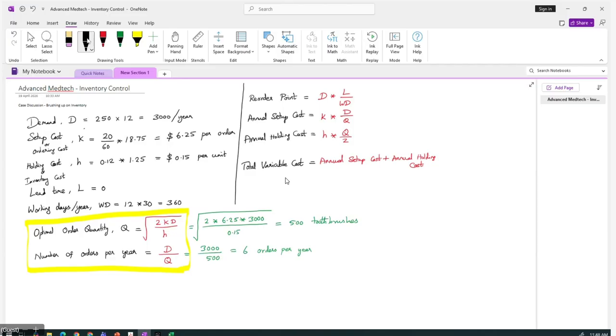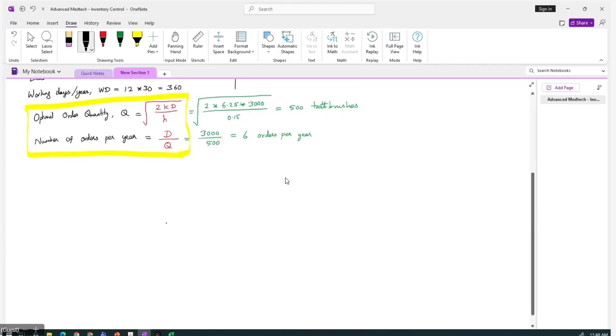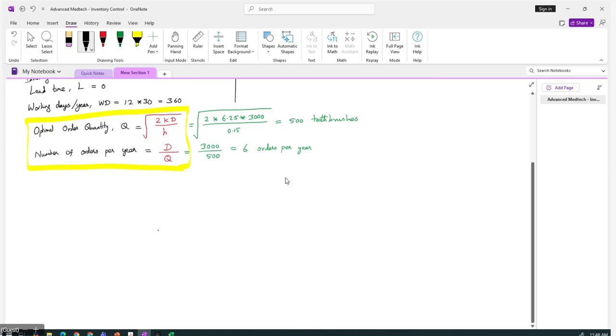How much should I order? When should I order? So for part A, Robert should order 500 units 6 times per year.